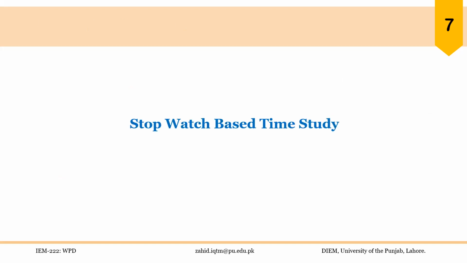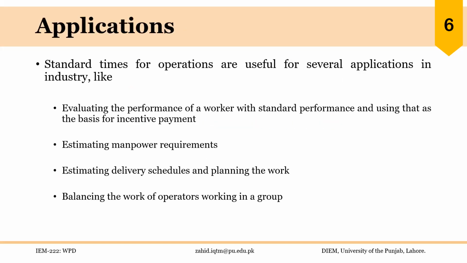So once you know the standard time for a task, it has many very important applications in different organizations. For example, you can set standards of performance and then evaluate the performance of the worker with those standards. And you can use that as the basis for incentive payment.